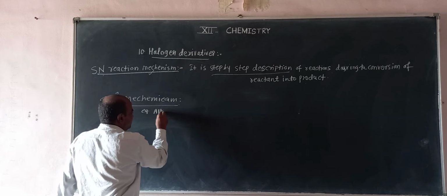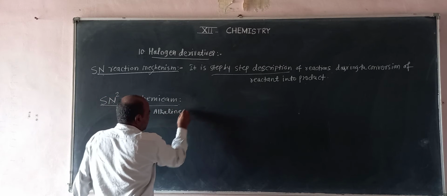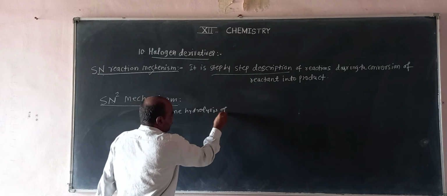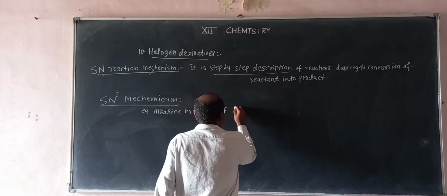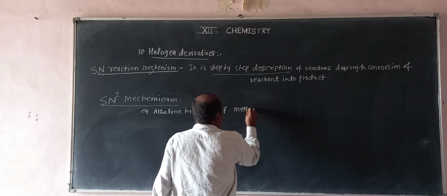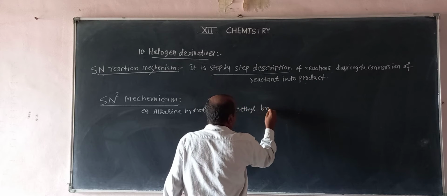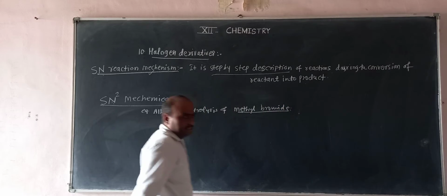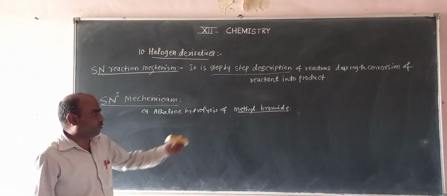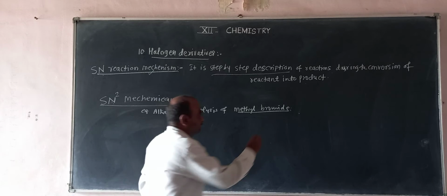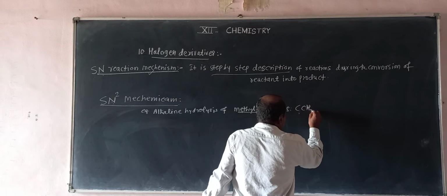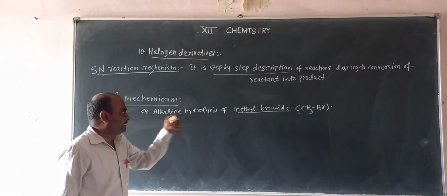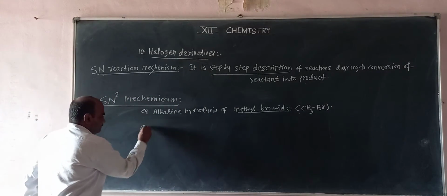the alkaline hydrolysis of methyl bromide, or bromomethane. We take the example here. Now see what reaction takes place here.